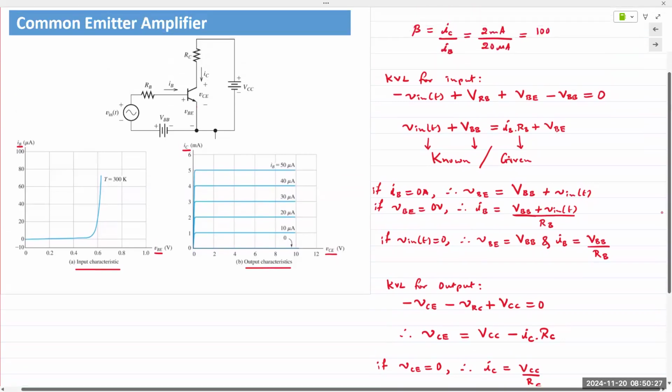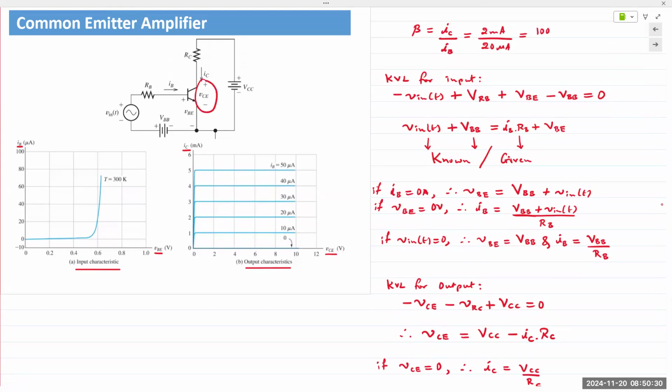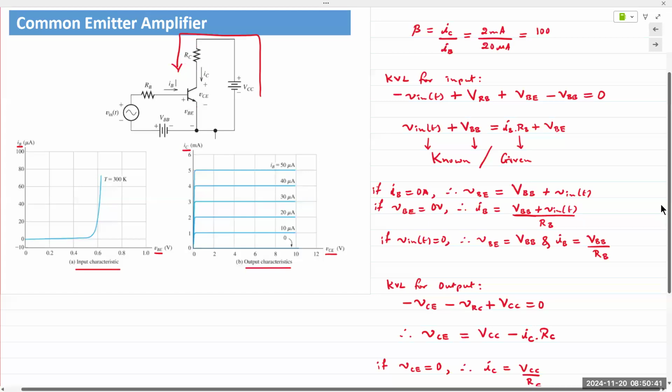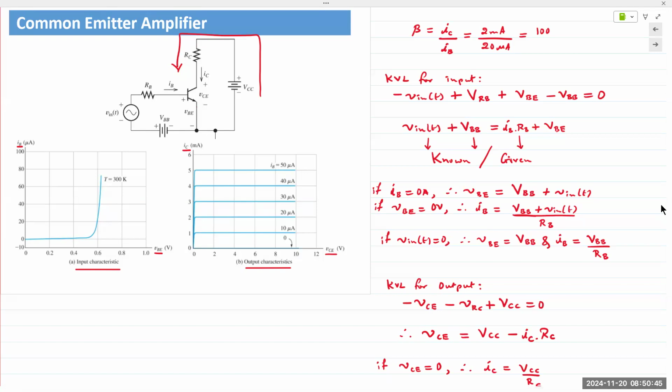That's the voltage from the collector to the emitter. The current is coming from VCC in this direction. Voltage drops across RC. If IB is 0, then IC is 0. If IC is 0, there is no voltage drop across RC. So IC RC is 0. Output is VCC, max output.